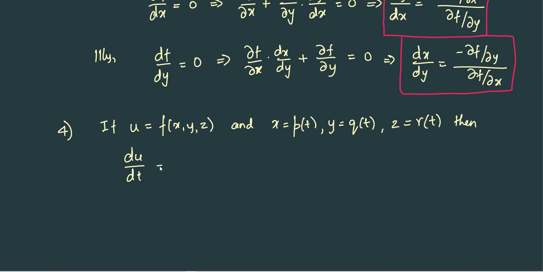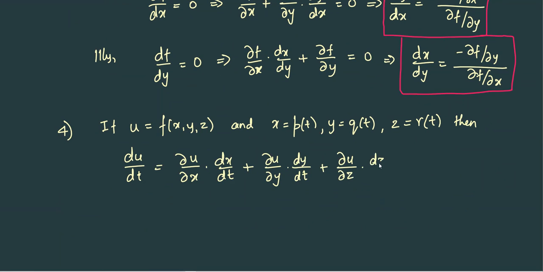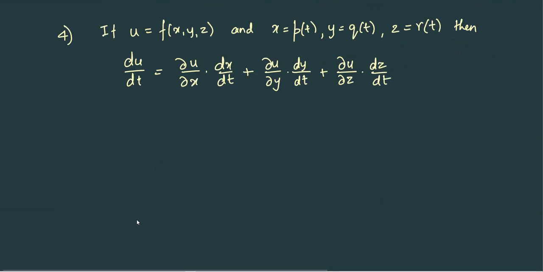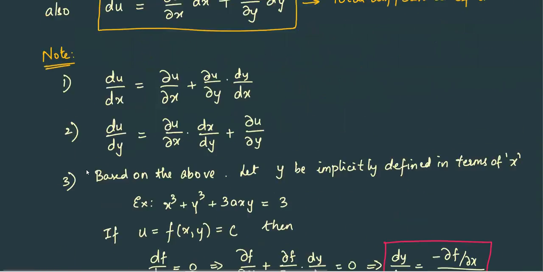Du by dt is dou u by dou x times dx by dt plus dou u by dou y times dy by dt plus dou u by dou z times dz by dt. Okay, so this is the extension of it.